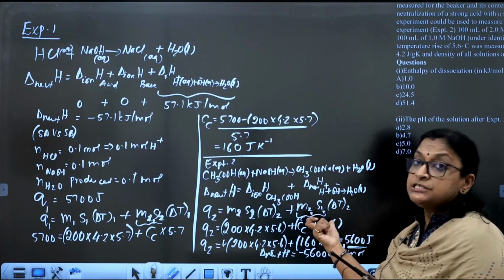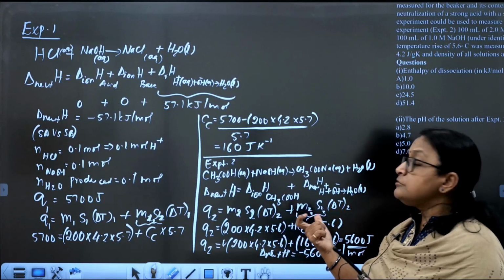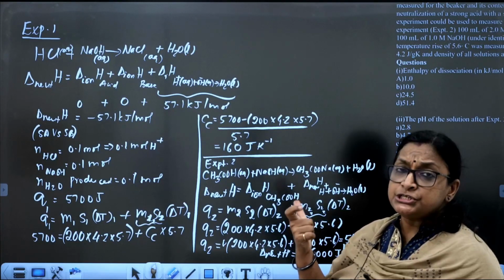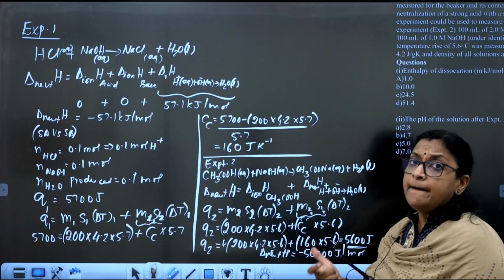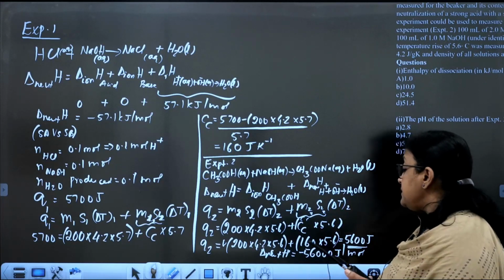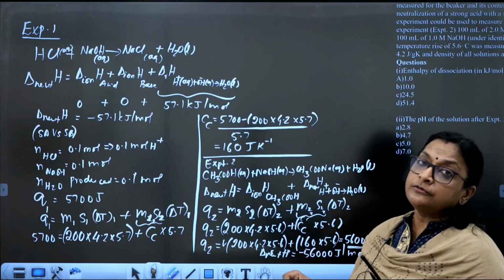And in the second experiment, since a weak acid has come in, the enthalpy of neutralization is the sum of the enthalpy of ionization of the weak acid, acetic acid, plus this constant. So we got it as minus 56,000 joule per mole water formed.